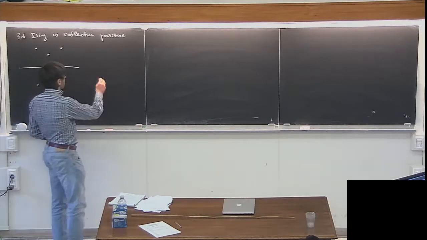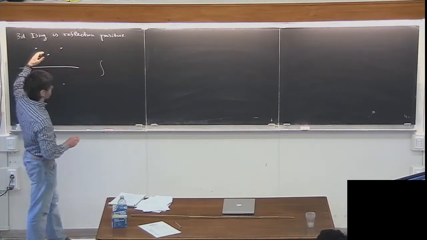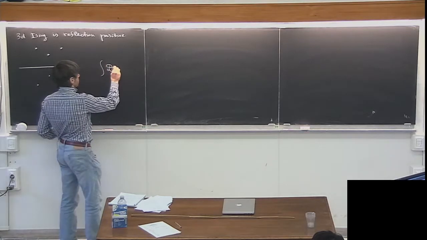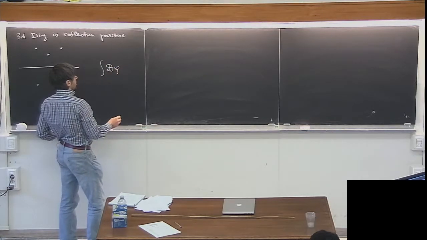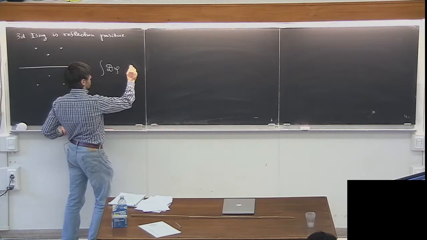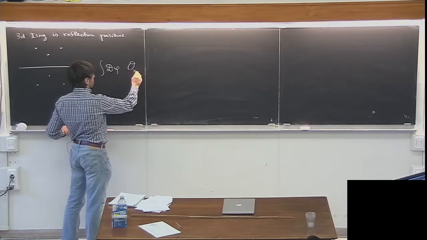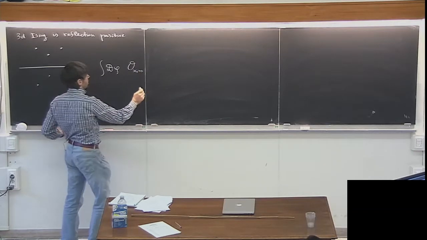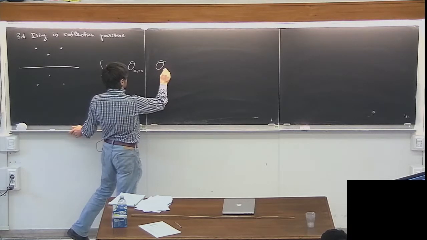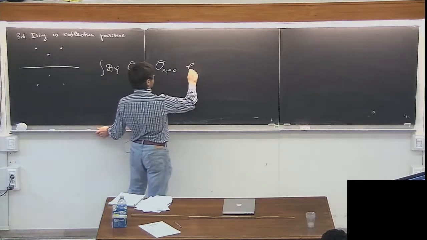Let me write it as a path integral, but it's a discretized lattice. So there is a bunch of operators inserted, let me denote it collectively, at positive x1, and then a bunch of operators inserted at negative x1, and then we have e to the minus S.